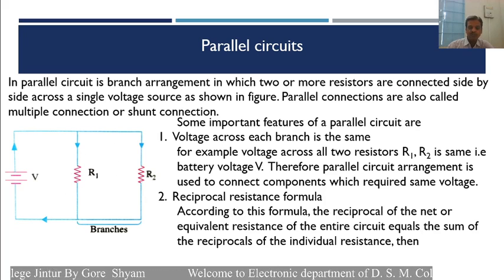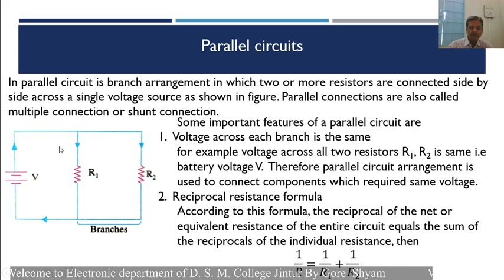According to the reciprocal resistance formula, the reciprocal of the net resistance or equivalent resistance of the entire circuit is equal to the sum of the reciprocals of the individual resistances, means 1 divided by R, where R is the net resistance of the total circuit, is equal to 1 divided by R1 plus 1 divided by R2.